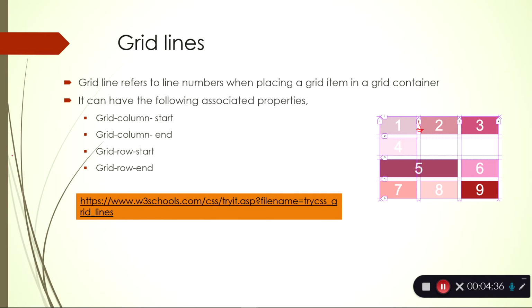Grid lines have four associated properties: grid-column-start, grid-column-end, grid-row-start and grid-row-end. Let's see how we can use these four properties to control the placement of the grid items.